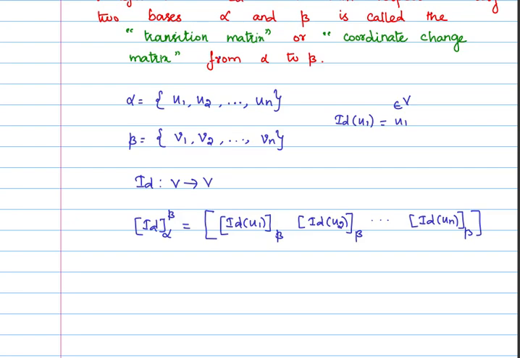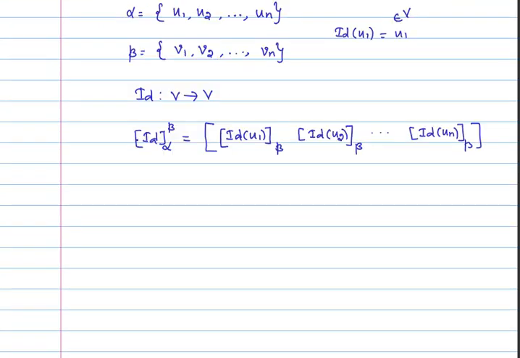The reason why they call it that: suppose I take ID alpha to beta, and suppose I have one vector x belonging to V. The coordinate vector in alpha we call x alpha. Multiplying it directly gives the coordinate vector x beta.